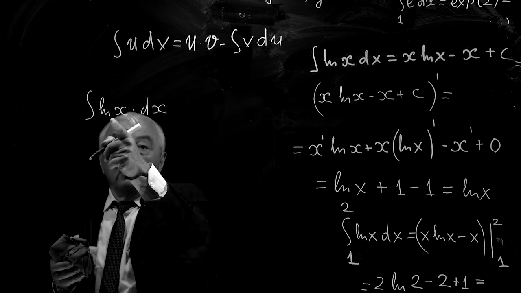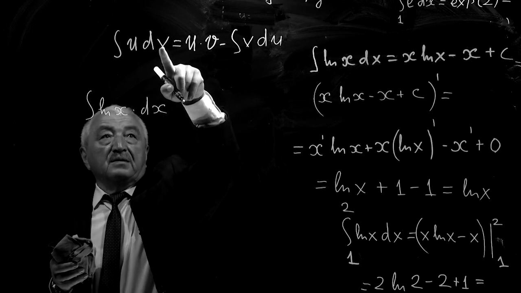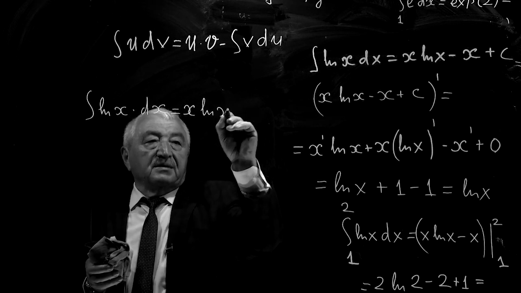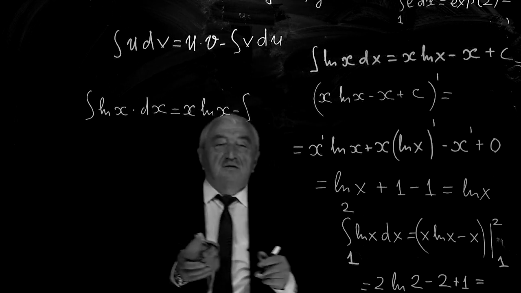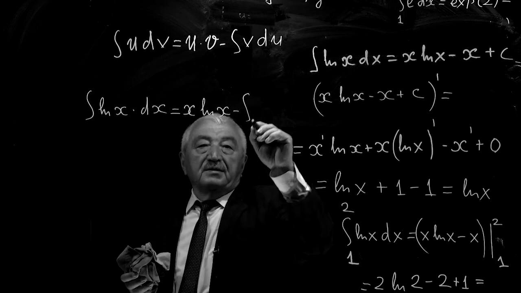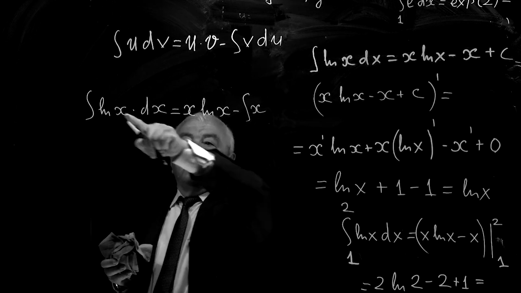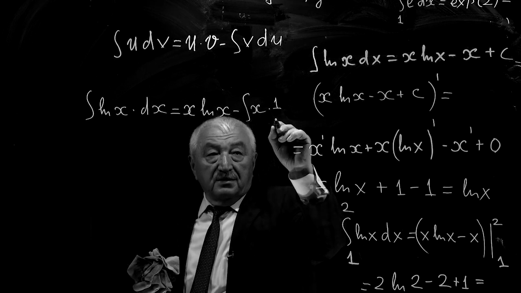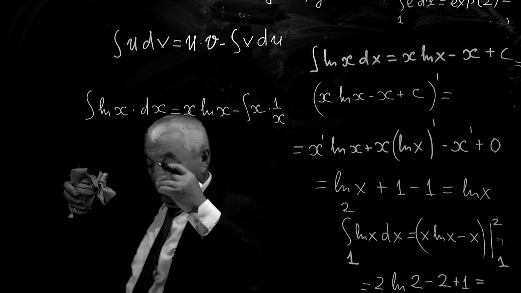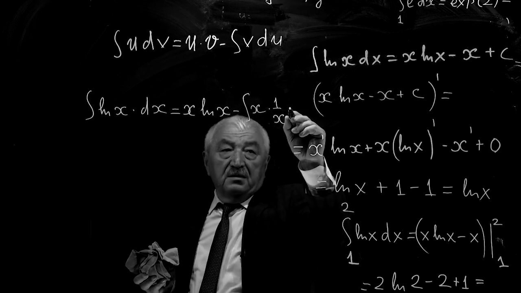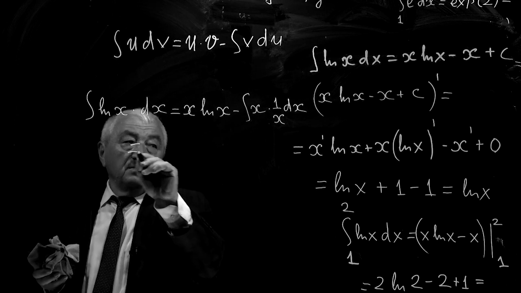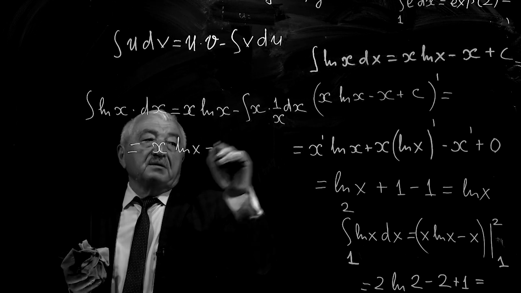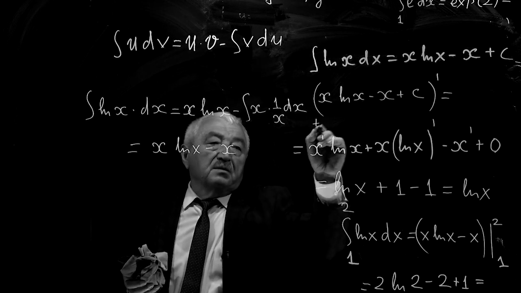According to this formula, u is logarithm x and v is x, so uv is x logarithm x minus the integral of v du, where du is 1 divided by x dx. This is equal to x logarithm x minus x plus a constant.